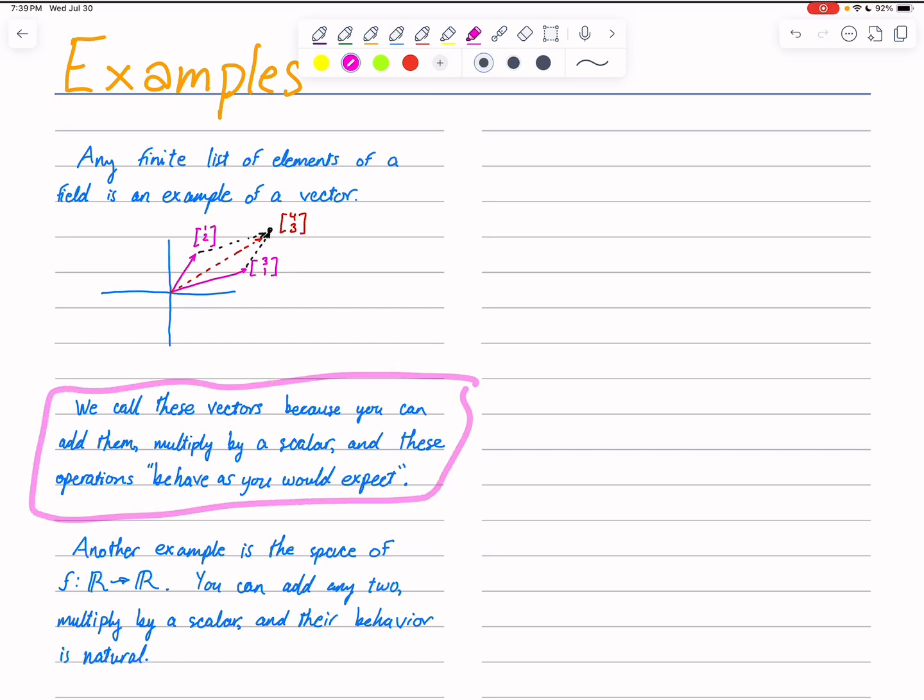Also, the plus and the scalar multiplication operations should, in some sense, behave as you would expect. What it means to behave as you would expect is exactly what we're going to iron out when we give the formal definition of a vector space. But there should be some sense that the addition should be associative.